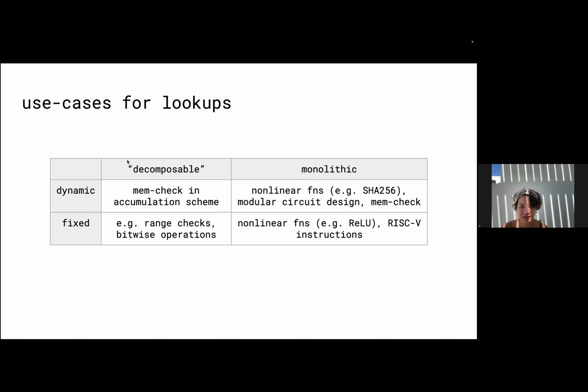It is like the memory checking in the previous case, except that it's carried out across multiple accumulation steps. At each step, you're really only looking at a constant number of reads and writes. So in that sense, it's decomposable across accumulation steps. And this leads to some interesting optimizations.